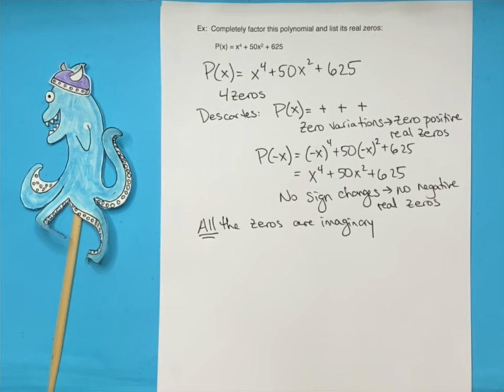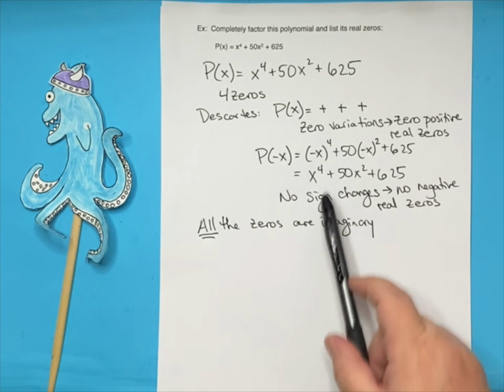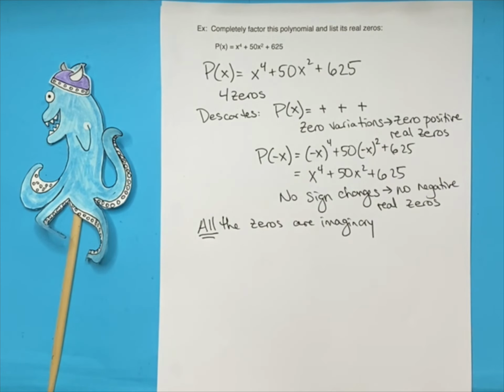So the first reason I wanted to do this problem was to show you that sometimes when you approach Descartes, it tells you there are no real zeros. You're looking all in imaginary land. So knowing that, you're going to approach it in a different way, because all of our other methods that we studied, for example, the rational zeros theorem that has the p over q, that only works if there are real zeros.